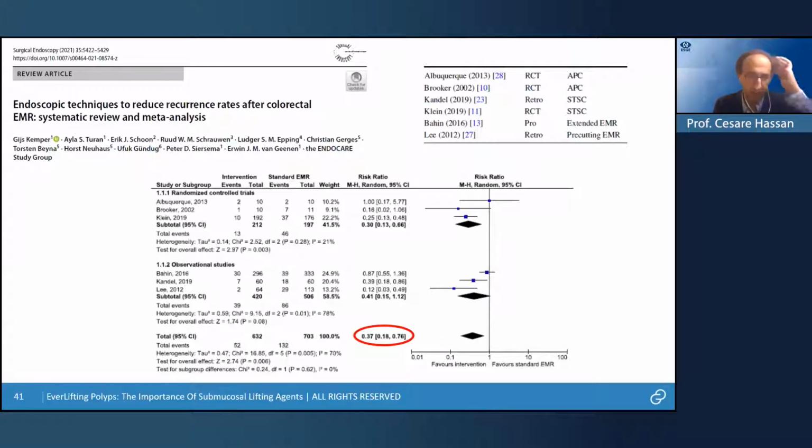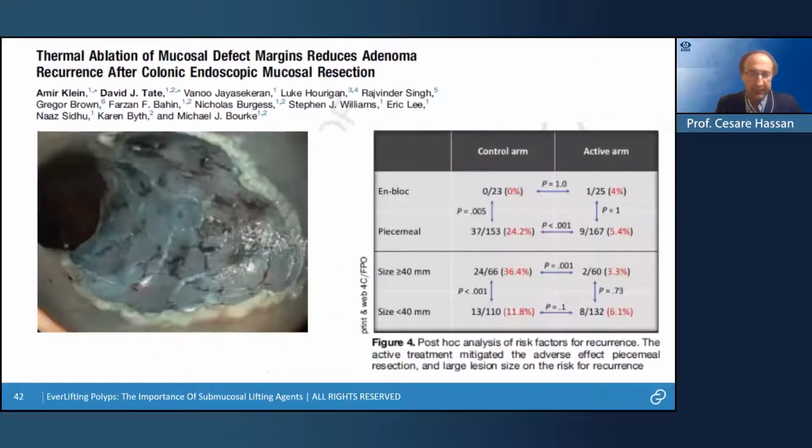I really want to thank Peter because he did this meta-analysis that clearly shows that whatever you do substantially reduces the risk of recurrence. But I also like this approach by the Mike Burke group because they emphasize that whenever you do it, you get risk reduction.